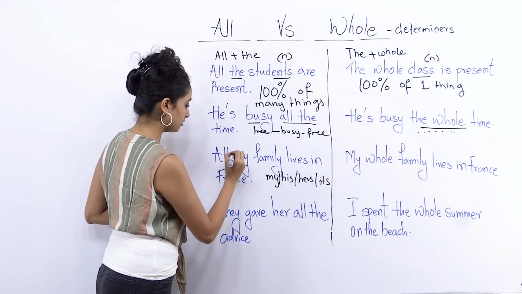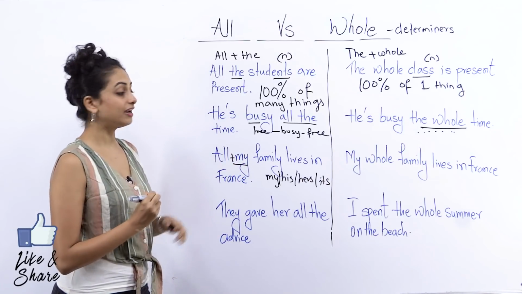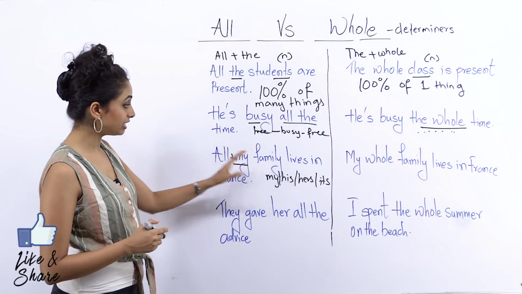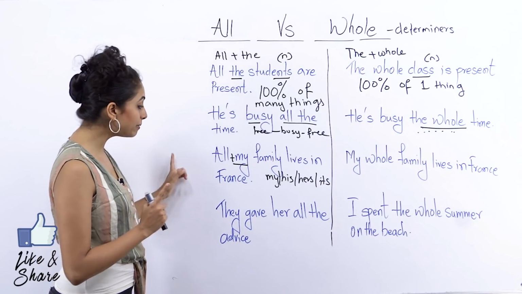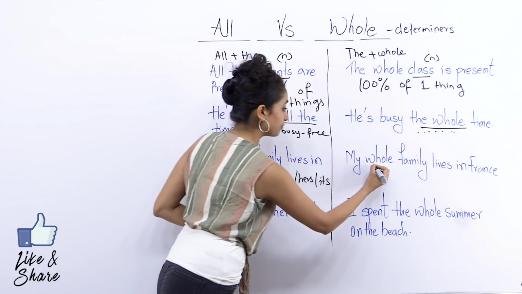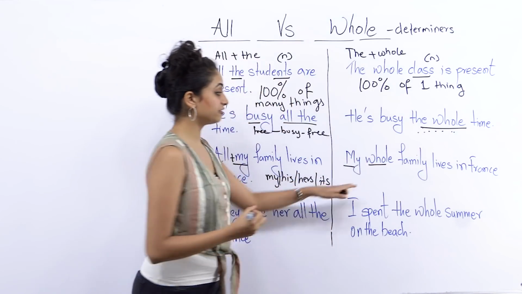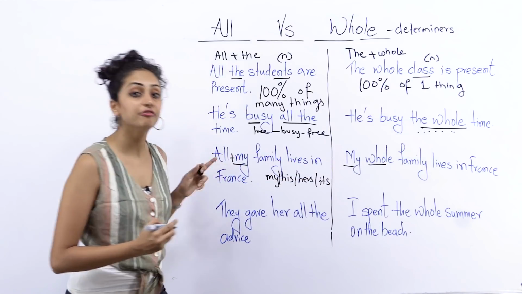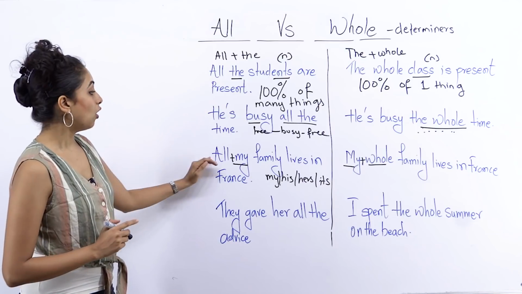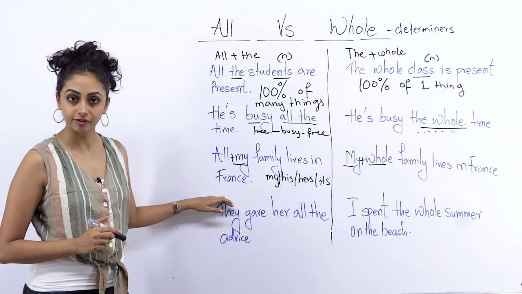So, all plus possessive adjective, and then you have the noun over here, right? This is something that you must remember. In the case of whole, the possessive adjective my comes before the determiner whole. All my family lives in France.